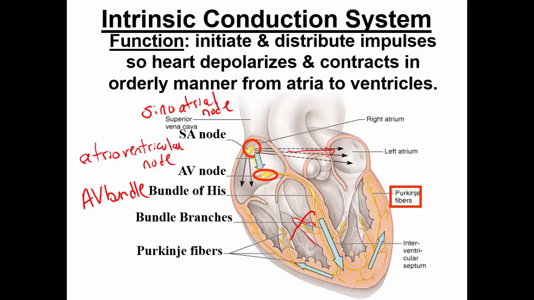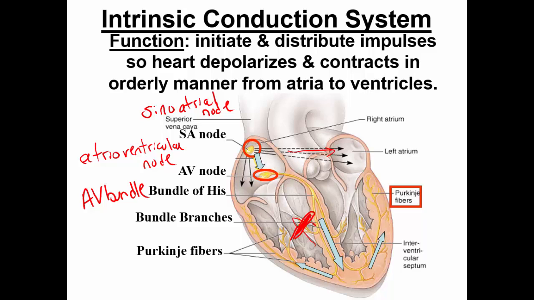The moderator band is a tiny strap of muscle that connects the papillary muscles to the interventricular septum. Remember that the septum is insulated so that the action potential can't leak out into the ventricles. It has to go all the way to the bottom.